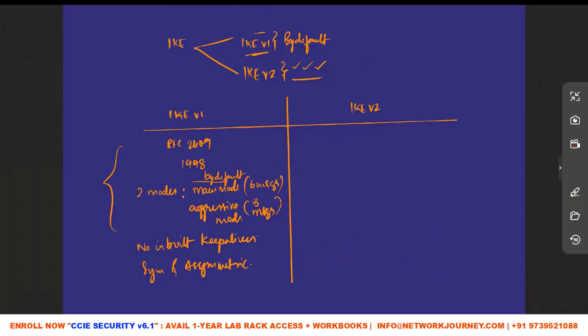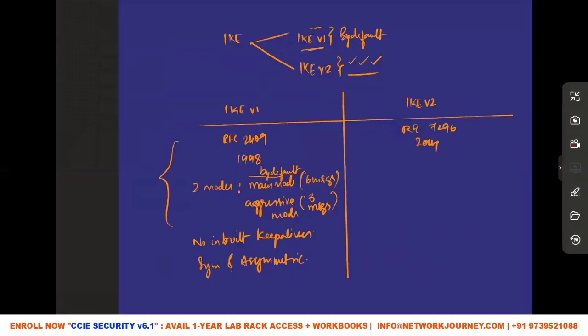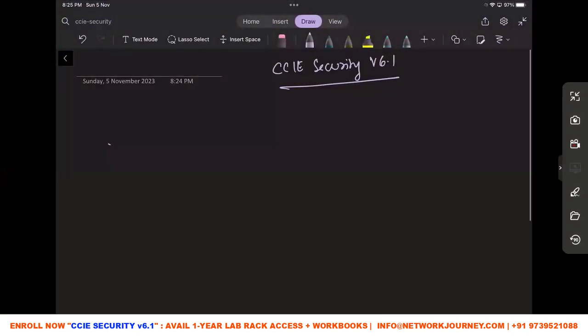Coming to version 2, which is the latest version. The RFC is 7296, from the year 2014. Let me write IKE version 2 over here. It does not have the concept of main mode and aggressive mode.